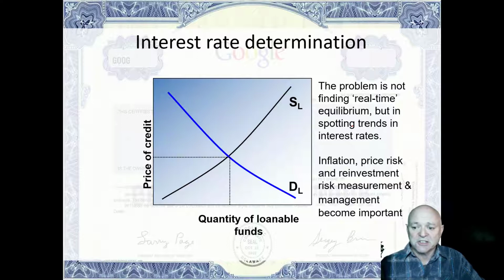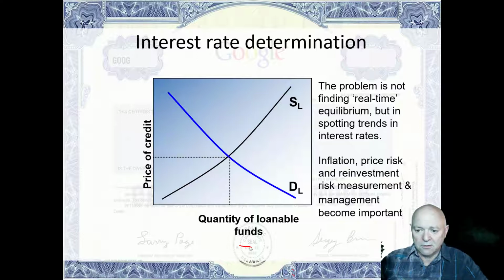If the interest rates are very low, the demand is going to be extremely high. So we'll end up someplace on the curve over here, with a very low cost of credit because money's cheap, and a very high demand for that credit.